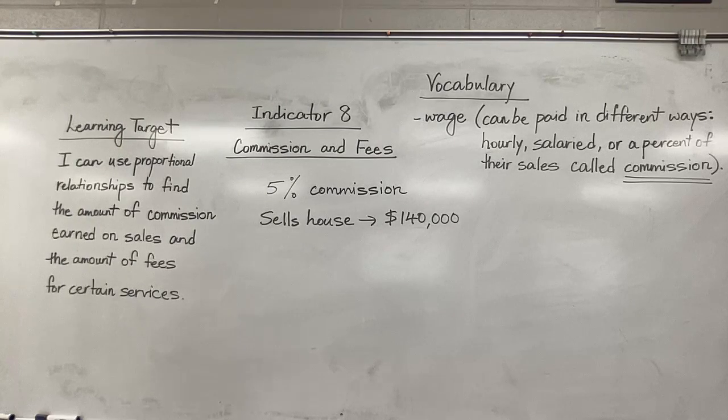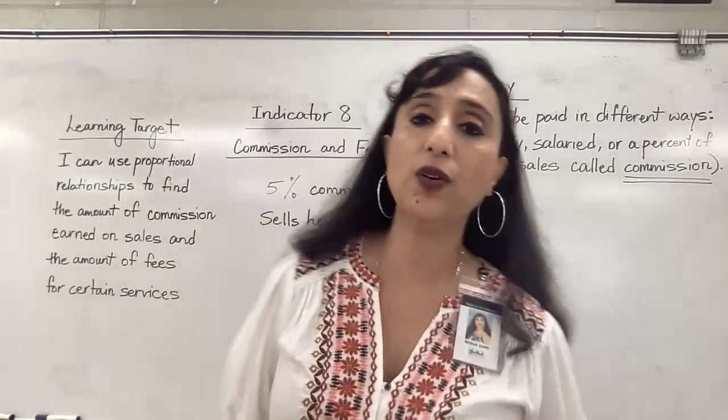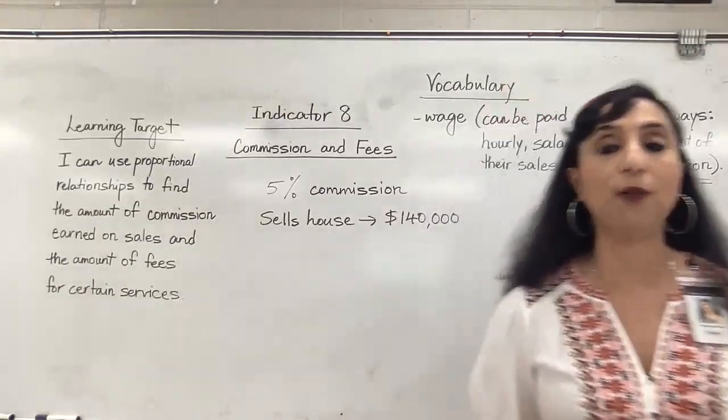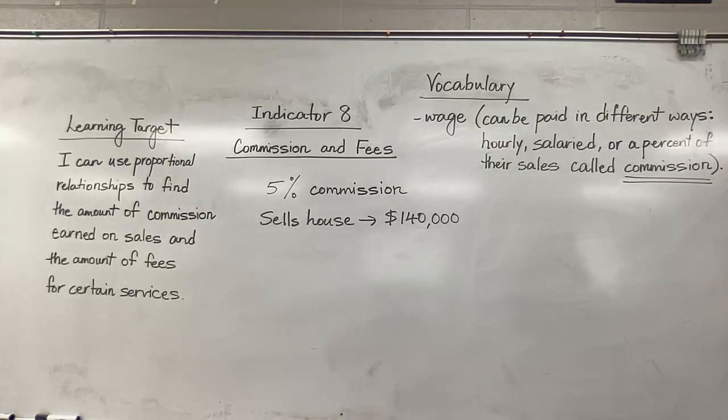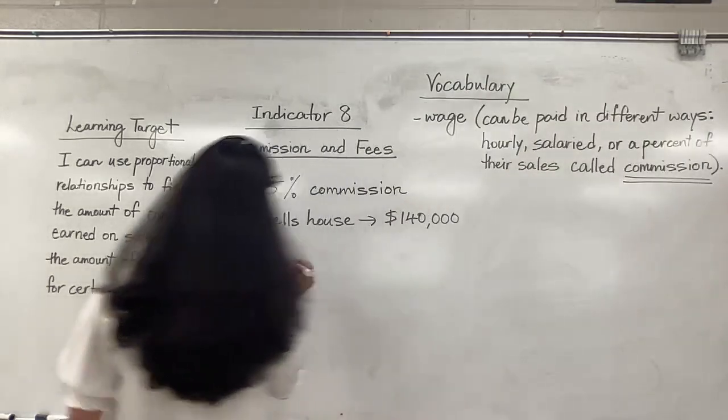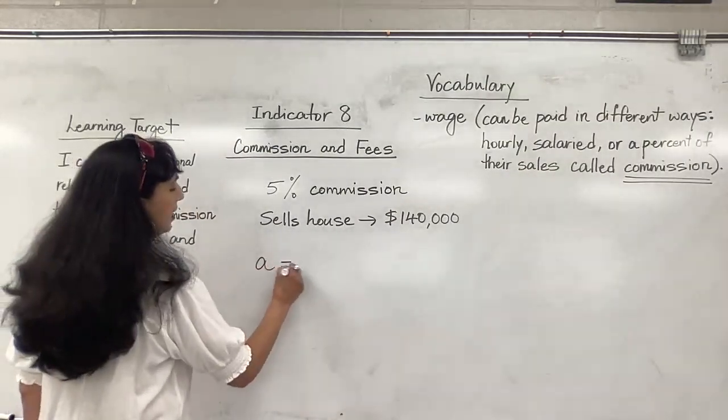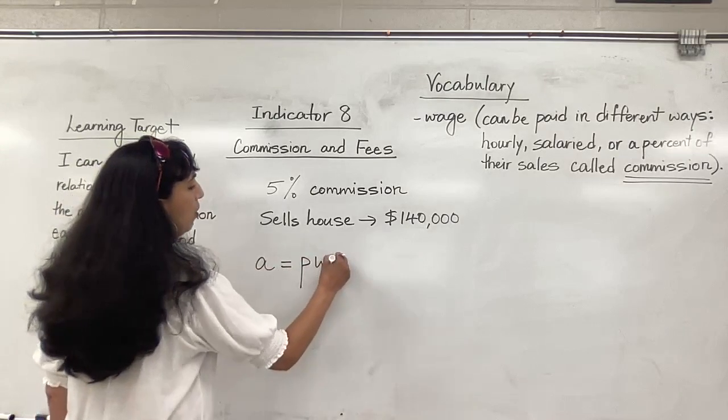I'll show you two methods: the percent formula, and I'll also show you a ratio. If I use the percent formula, I'm going to write the part is equal to percent times the whole.